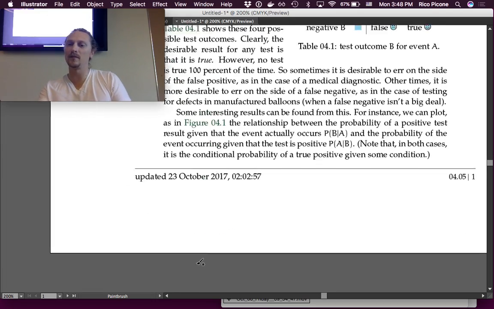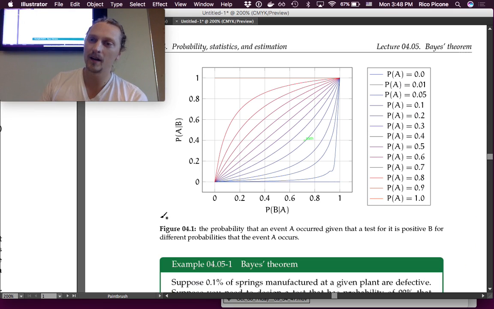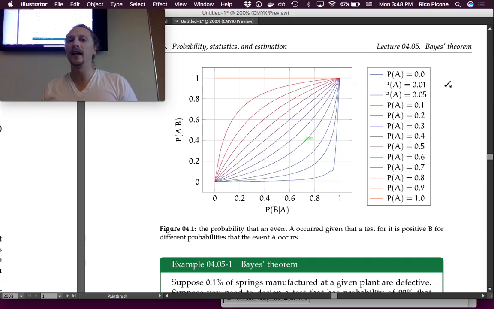You can plot the other one, but this is usually the one that's most interesting.